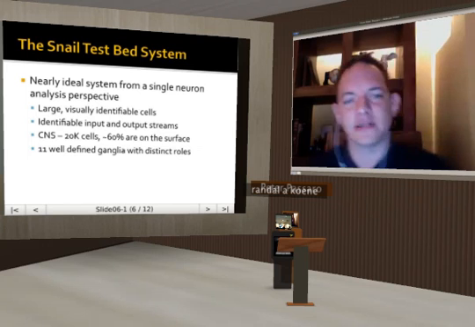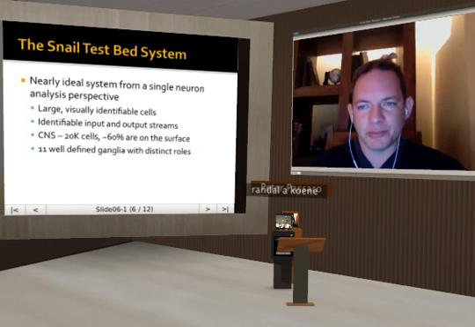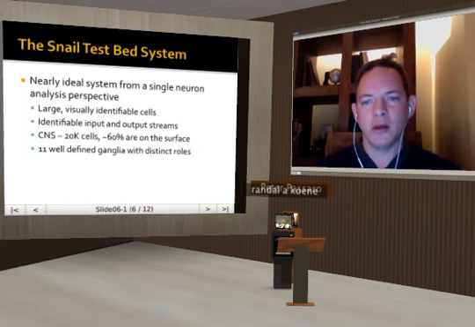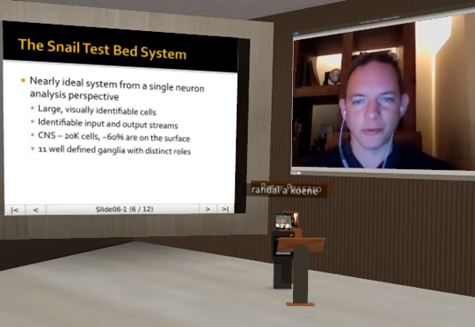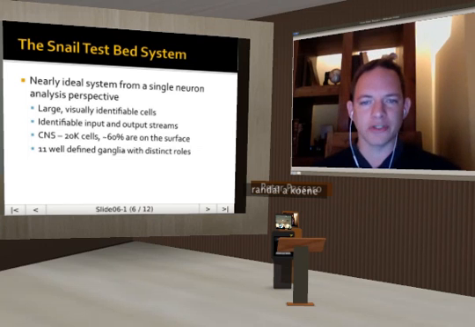Let's talk about the snail test bed system real quick. For me, this is a nearly ideal system from a single neuron analysis perspective. If you're going to build up a model of a simple brain, this type of mollusk is about as simple as you can go and still have the system be considered a true brain. What I mean is that all the functions are organized in a way that generally resembles what we see in higher order systems.